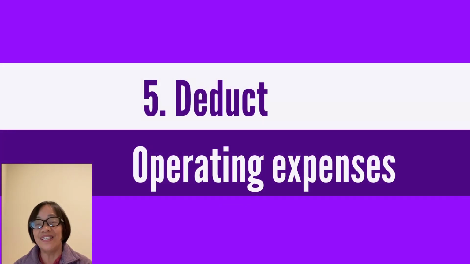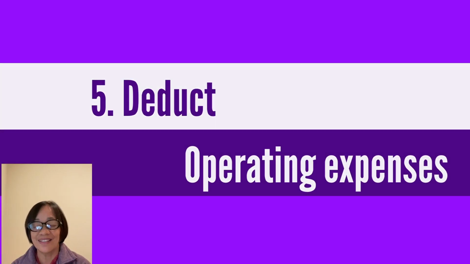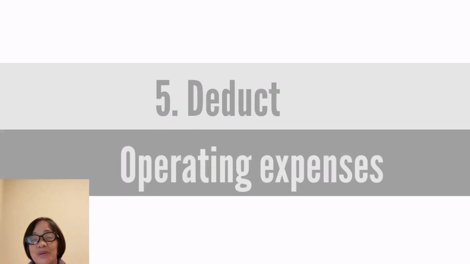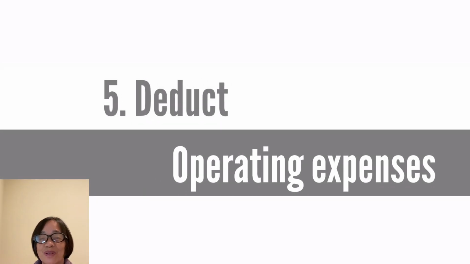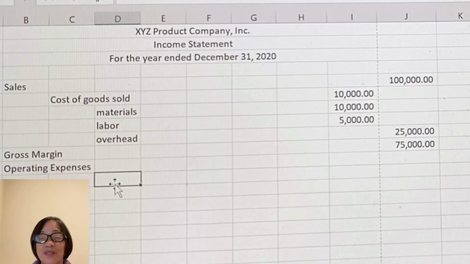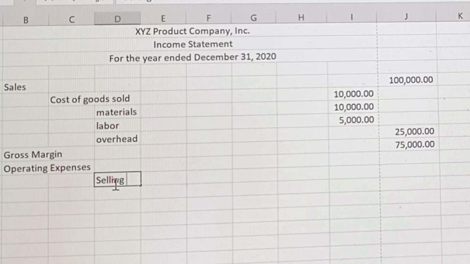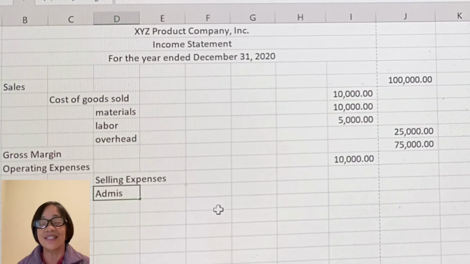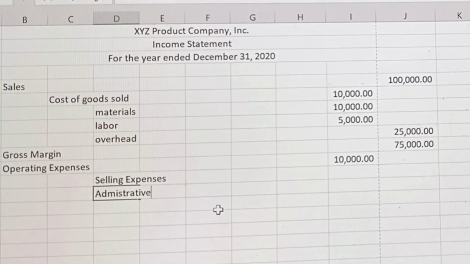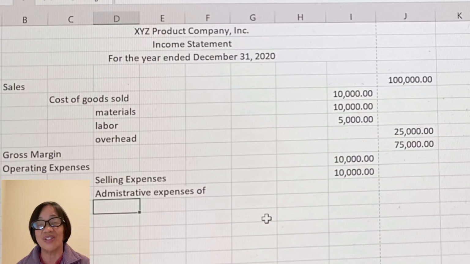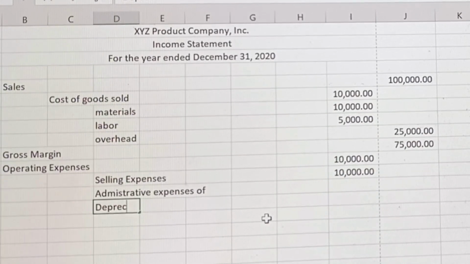Number 5, deduct operating expenses. So during the operation of the business, we also incurred some operating expenses like selling expenses, administrative expenses, and depreciation and mortgage.